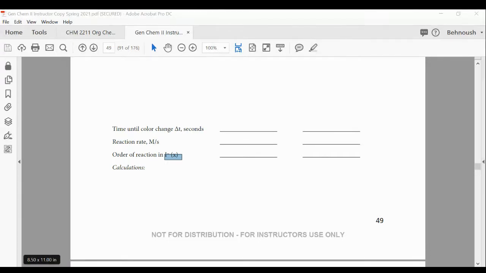Do not insert too many images, because that makes the file size greater and it's not professional. Use the equation editor in a Word document and type in your calculation. When you type in the calculation for one set, you can copy and paste for the next ones because you're only changing one number.